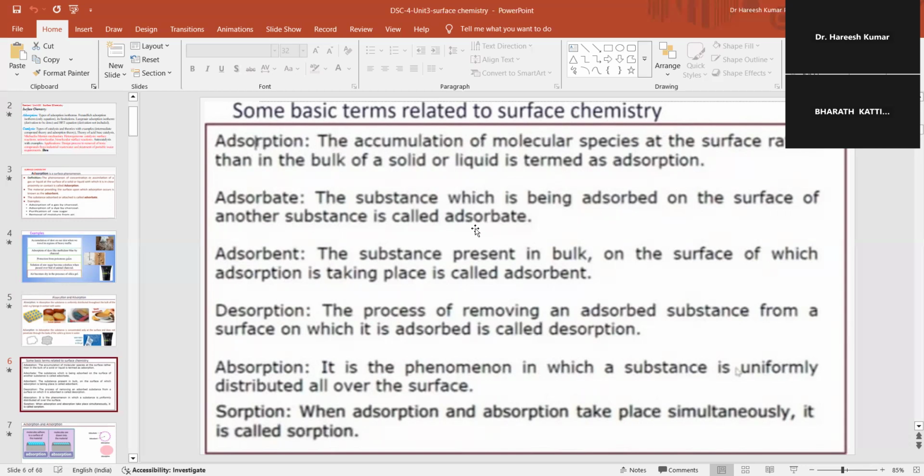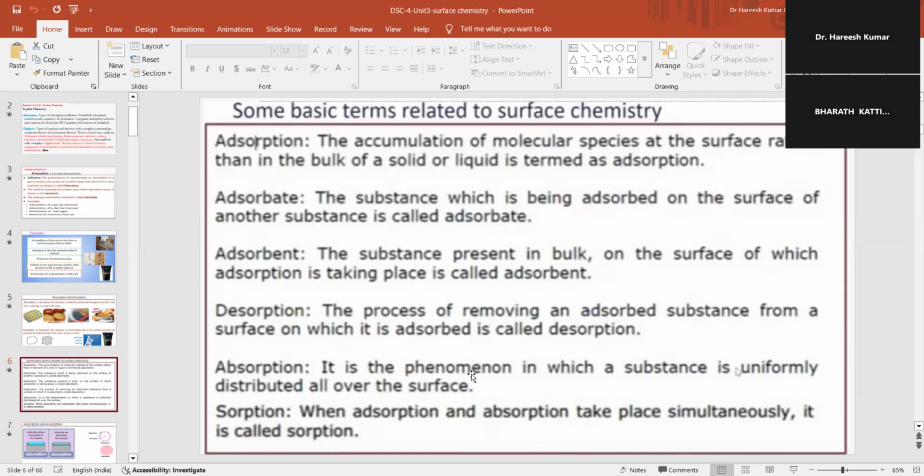Adsorbent means the substance present in bulk, on the surface of which adsorption is taking place. Desorption means the process of removing adsorbed substances from a surface on which they are adsorbed.